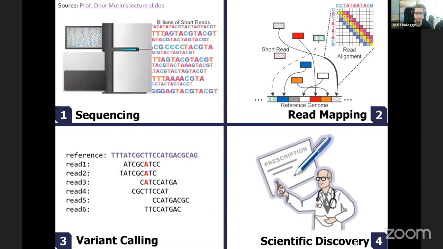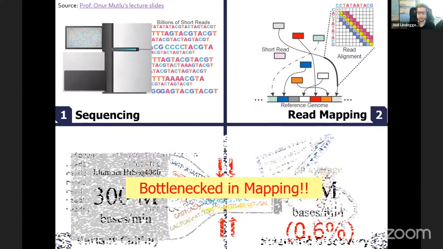Now, when you look at the entire pipeline here, we start with some physical steps. So this is a sequencing machine in the top left. Then we would usually do read mapping and variant calling, which are both computational steps. And finally, we can look at the results of variant calling for scientific discovery or maybe medical decisions. Now, this entire pipeline, it turns out, is bottlenecked in mapping.